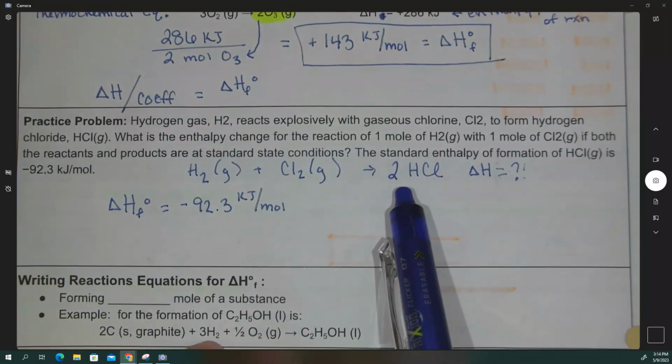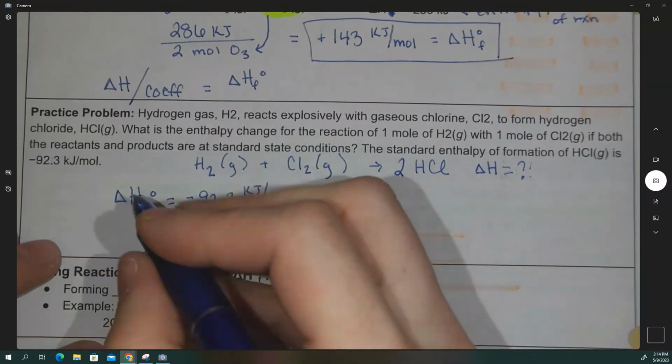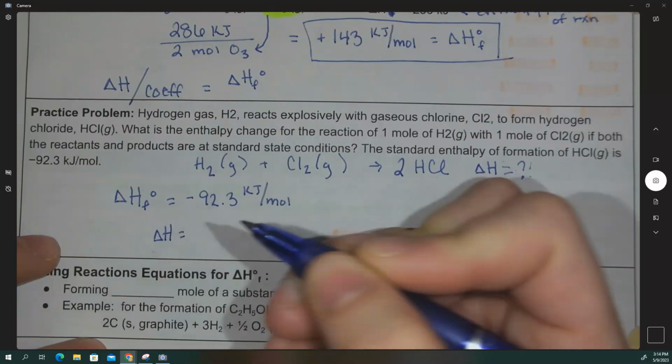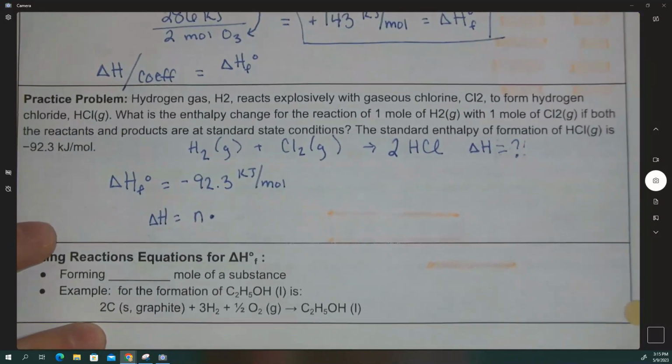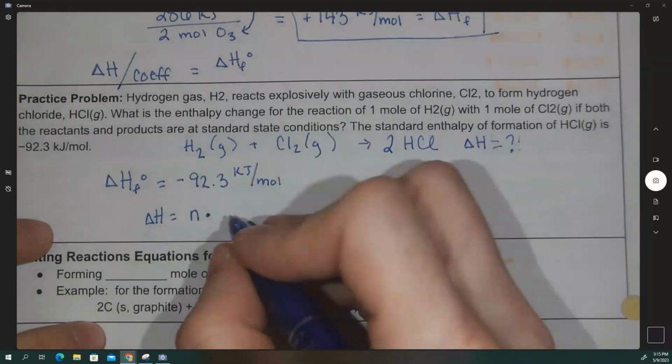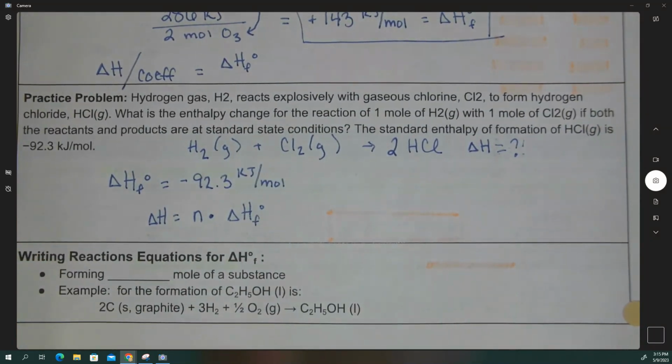So to figure out our enthalpy of our overall reaction, what you're going to do is take our number of moles and multiply it times our enthalpy of formation. So I'm going to go ahead and pause the video, give you guys a moment to try that, and then we'll check back in.